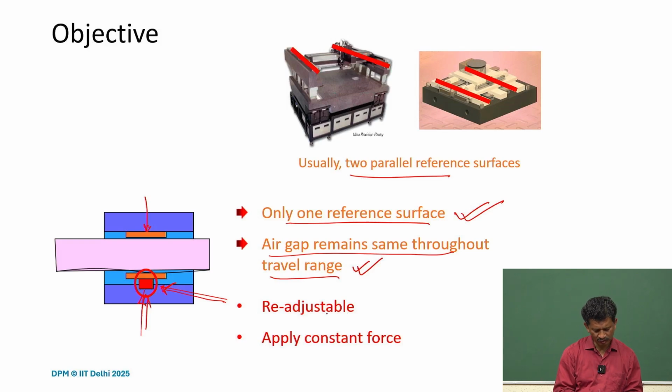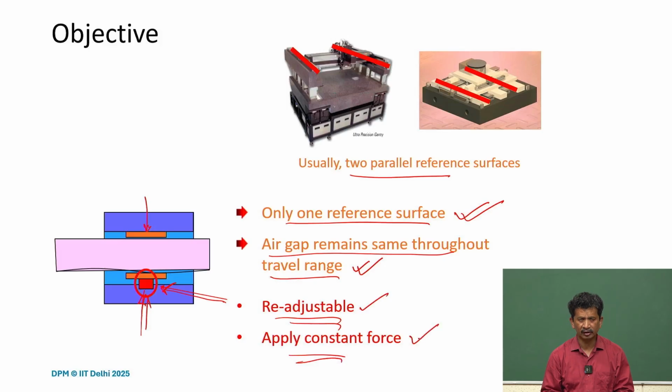Behind, we put a readjustable system and try to maintain a constant air force. If the force is constant, from the air bearing characteristic we know that the air gap will also be maintained, and if we can maintain that air gap, we can maintain the stiffness as well. That was the logic, and that's what we tried to do.